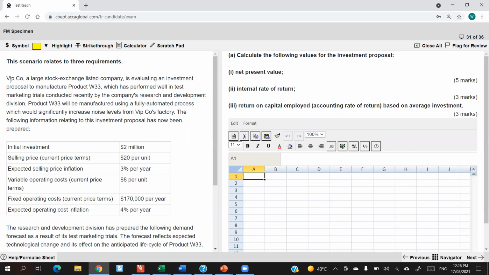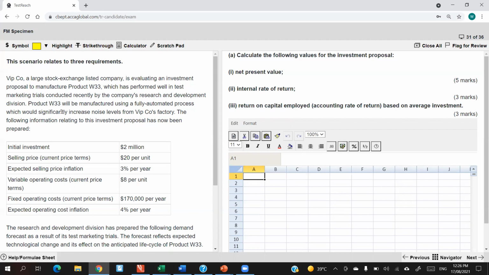The scenario says that VIP Co, a large stock exchange listed company, is evaluating an investment proposal to manufacture W33, which has performed well in test marketing trials conducted recently by the company's R&D. It will be manufactured using a fully automated process, which would significantly increase the noise levels from VIP Co's factory.